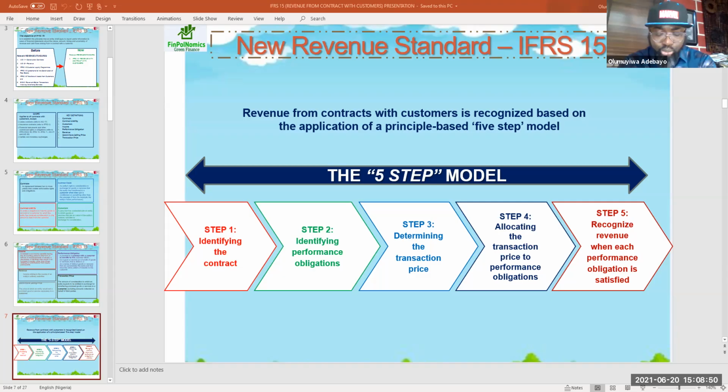And in part 1, we were able to extensively deal with issues that border on step 1, step 2, and step 3. In part 2, we focus more on step 4 and step 5 as a means of wrapping up our understanding about revenue recognition.